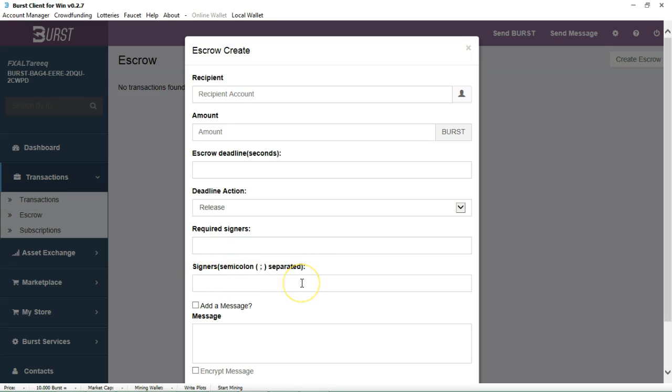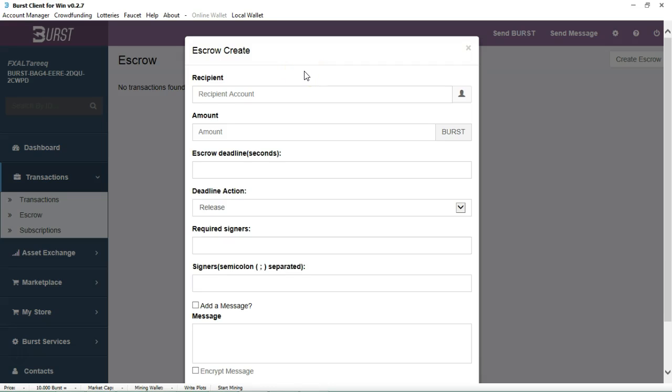Now, Burst does not allow the sender and the receiver to be signers on the contract. So what you have to do is each of you should create an account and then add those accounts inside here. Then you can add a message for the seller. You can also encrypt that message so that only the parties involved will be able to read what the transaction was all about.